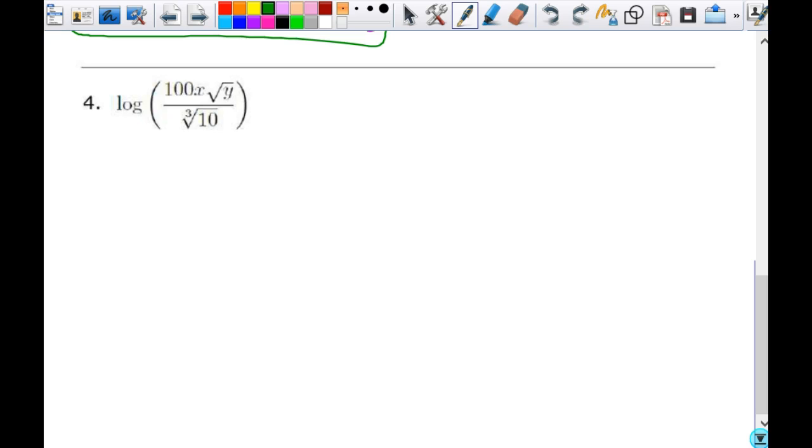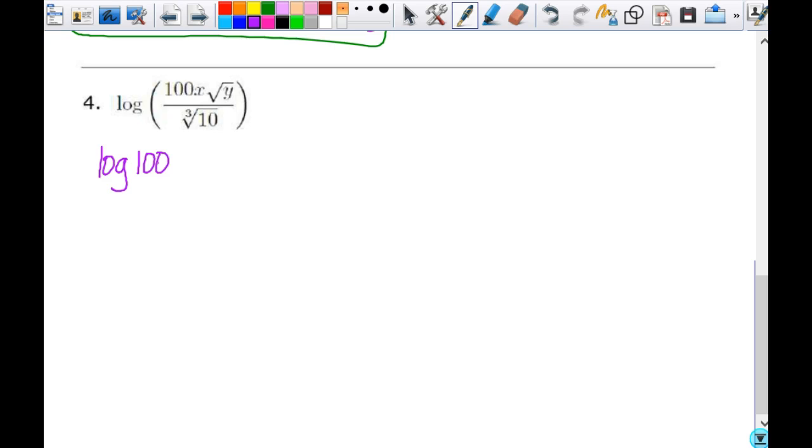Okay, so I'm going to get log, and if there's no base, what is it? 10. Okay, so the log of 100, and then all these three things up here in the numerator are all being multiplied. I have 3 terms being multiplied together, so I need 3 different logs for the numerator.